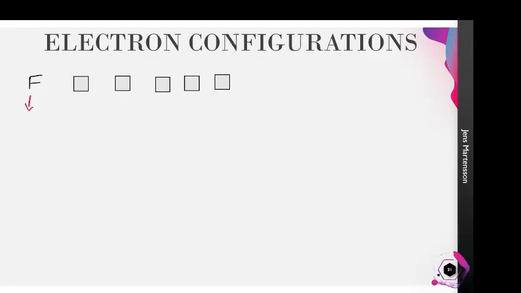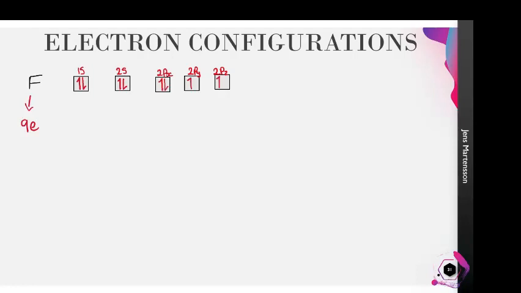So let's start: 1, 2 in our 1s. In our 2s, we'll have 1, 2, so that's 4. And we'll fill these individually: 1, 2, 3, 4, 5.